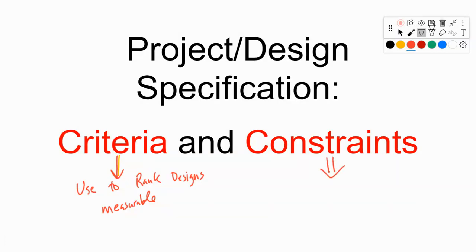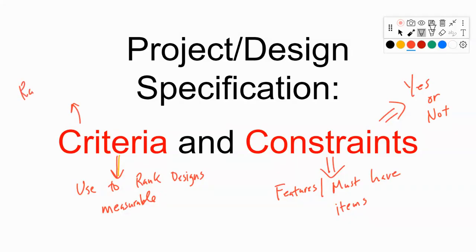Constraints are features that they must have or they can have. So when you think about constraints, they are either yes, you met them, or no.